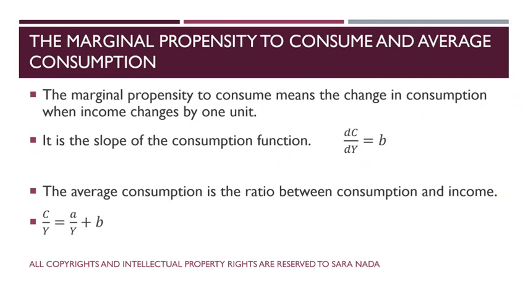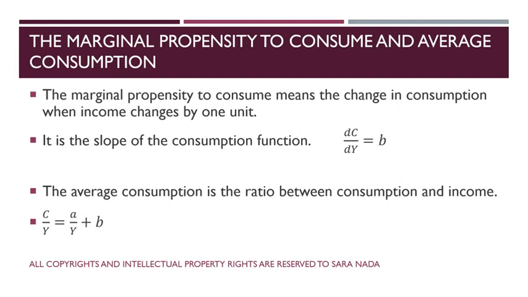Now let's move to study the marginal propensity to consume and the average consumption. The marginal propensity to consume means the change in consumption when income changes by 1 unit.